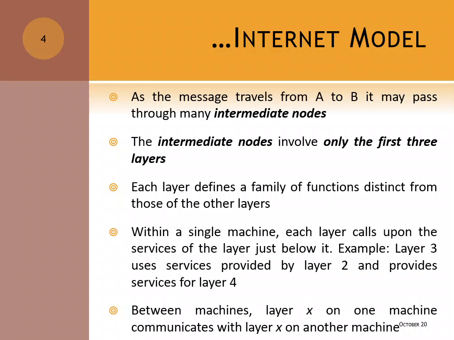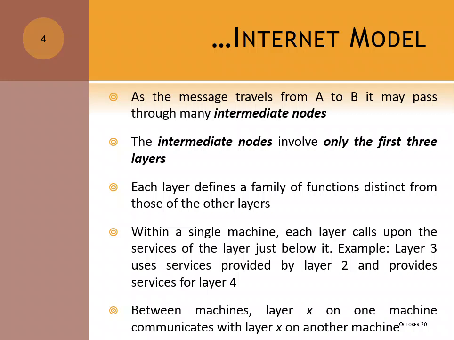As the message travels from A to B, it may pass through many intermediate nodes. So kalau satu message travel daripada satu device ke satu device yang lain, dia akan melalui a few intermediate nodes.